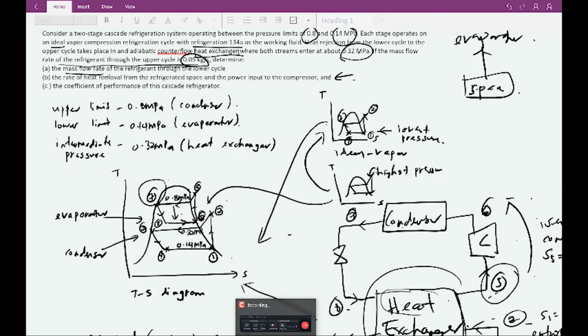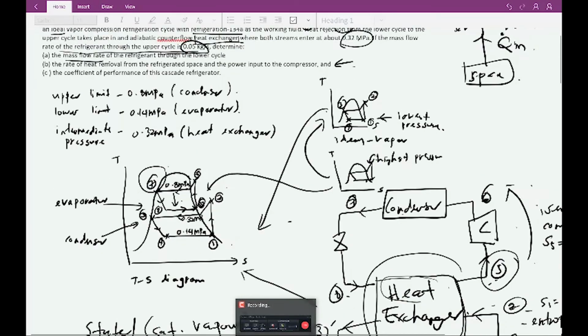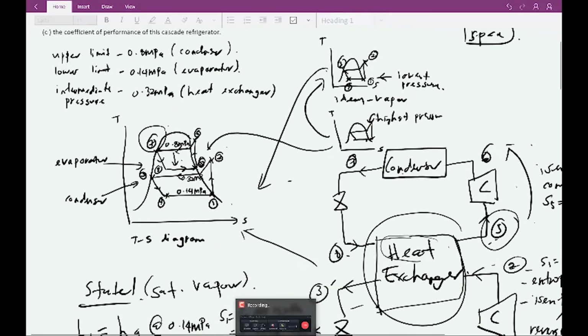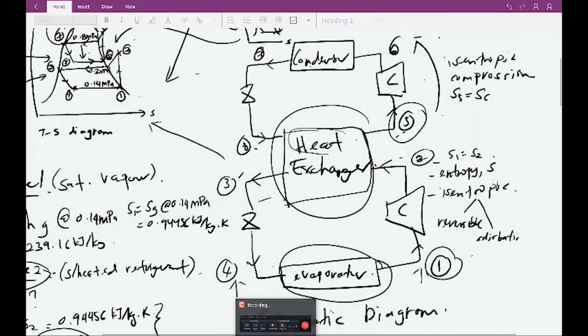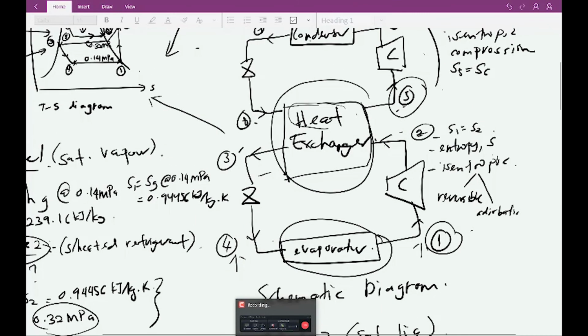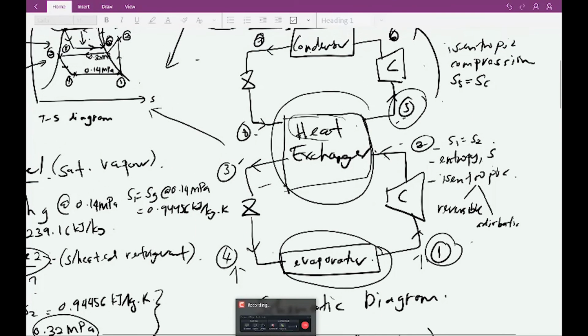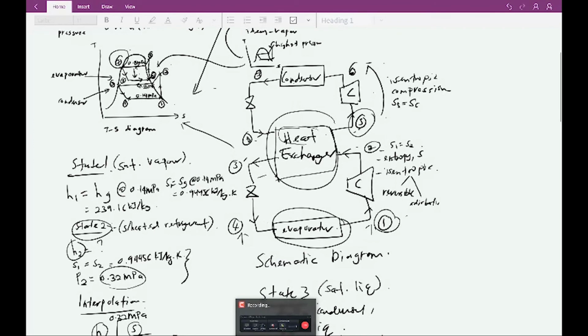What the question asks for is your Q dot in, from the refrigerated space to your evaporator. And the same question is power input to the compressor. Power input is very straightforward because we have two compressors, means that we have 2 compression processes. You need to add together.